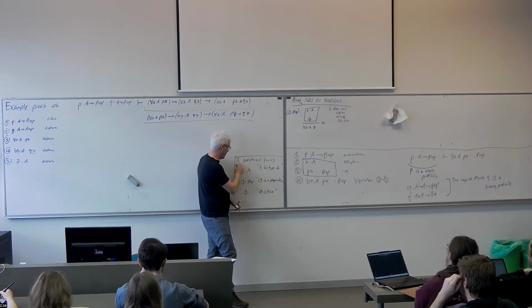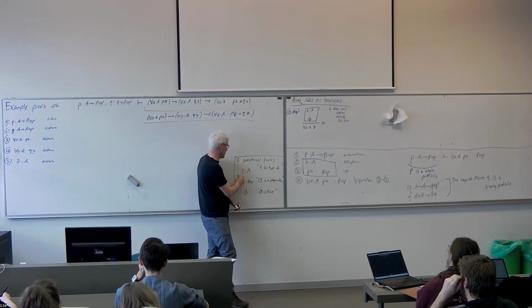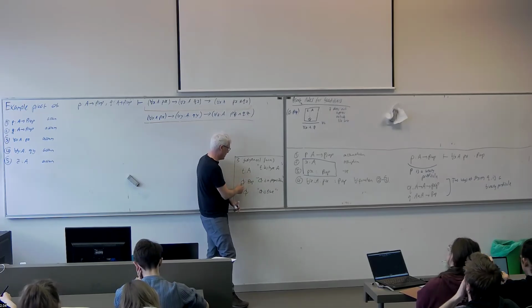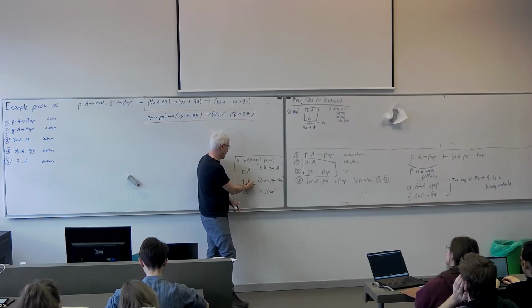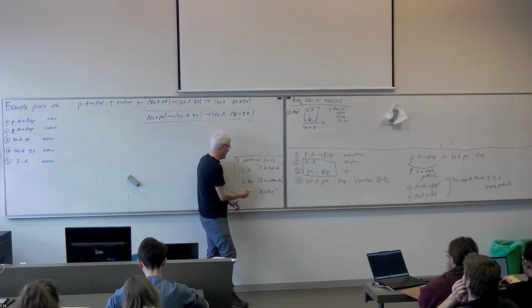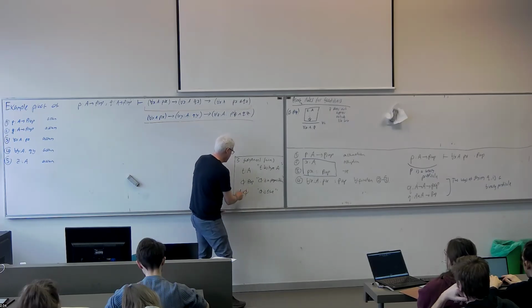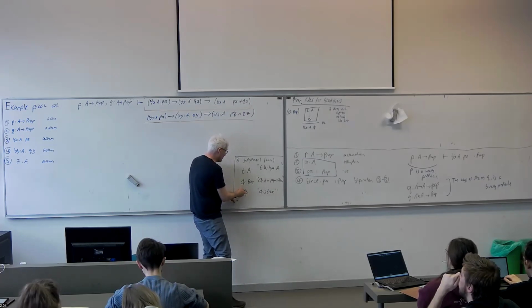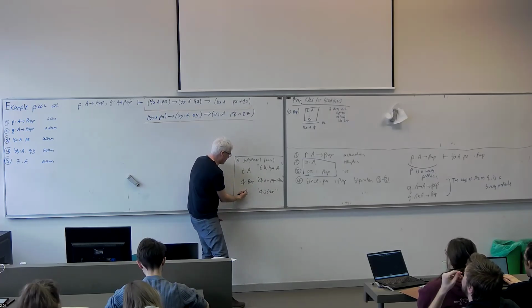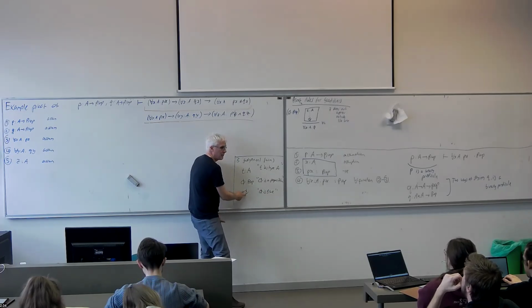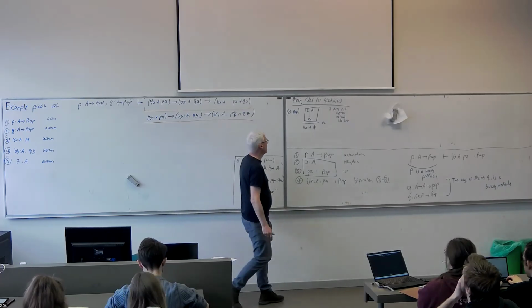We can have these three judgment forms. One says the term is in type, one says phi is a proposition, the other says phi, meaning phi is true, but in order to be able to state this one, there's the assumption that phi is a proposition. So you need to be able to prove phi is a proposition.